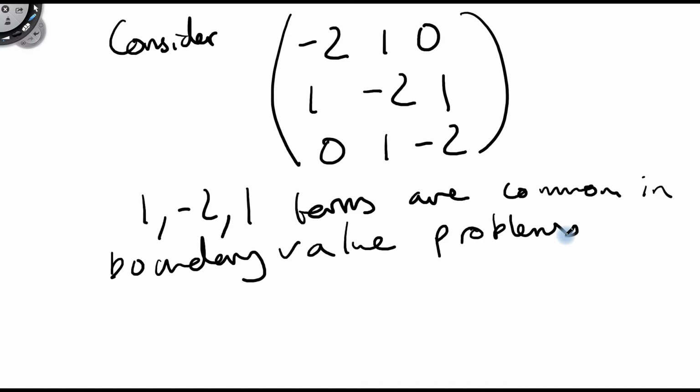So this is not just a rare matrix, it's very common in fact. But if we look at the second row, the diagonal element, instead of being greater than the sum of the off-diagonal elements, is just equal to it. So it's not strictly diagonally dominant, and it doesn't converge according to the criterion we showed. Row 1 is okay, 2 is greater than 1, and row 3 is okay, but row 2 is not.